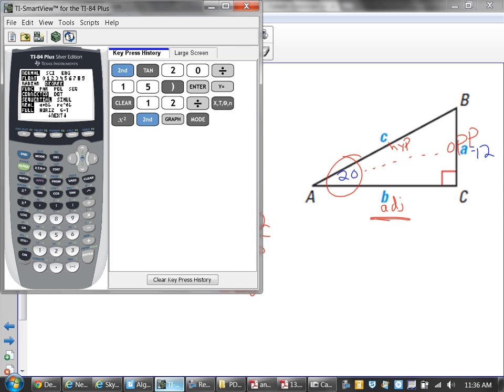Radians are dealt with in terms of pi, and we'll get into the unit circle over the next couple of weeks. For example, this is 90 degrees, this is 180, and this would be 360 going all the way around. To go all the way around the circle is 2 pi.